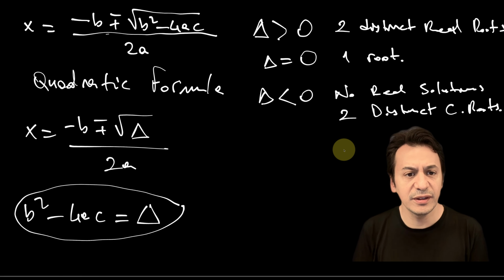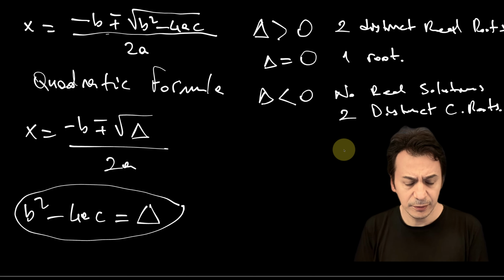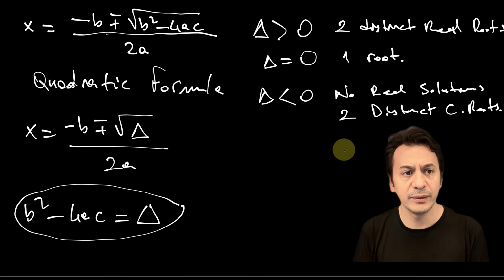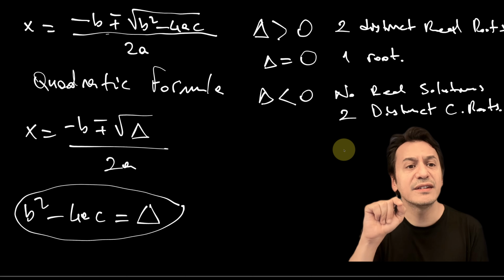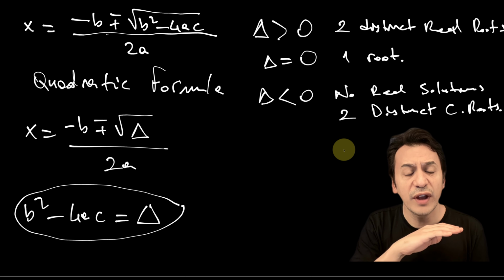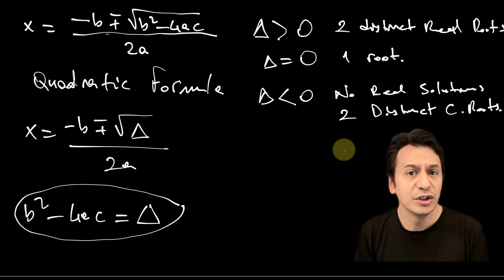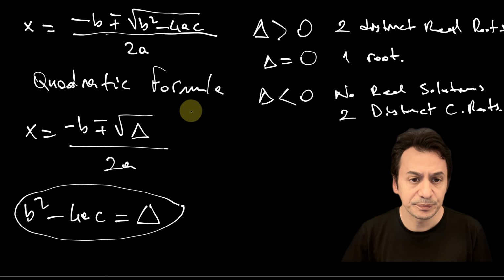What can you do with it? This means whenever you see a quadratic equation, just by plugging in these coefficients, you can solve every one of them. You just need the coefficients.